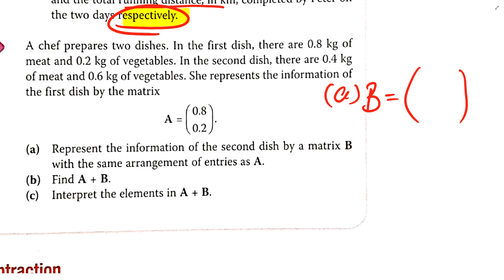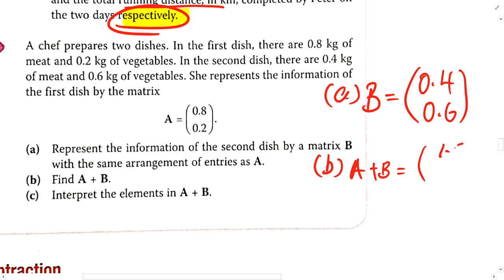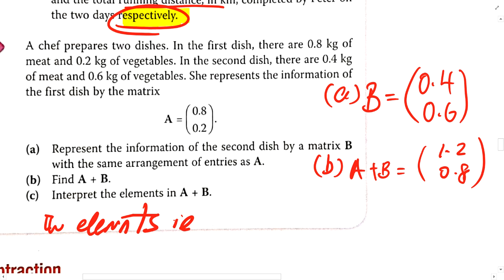Okay, inside, what are the elements? 0.4, 0.6. 1 mark. Find A plus B. So A plus B equals 1.2 and 0.8. Am I right? Okay. The elements represent what?